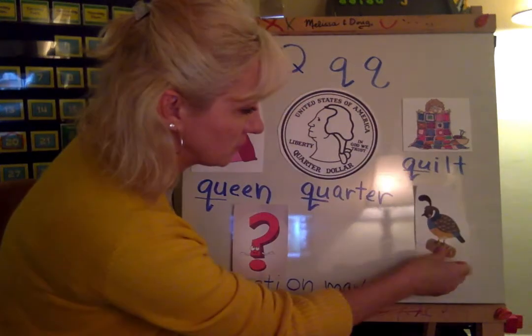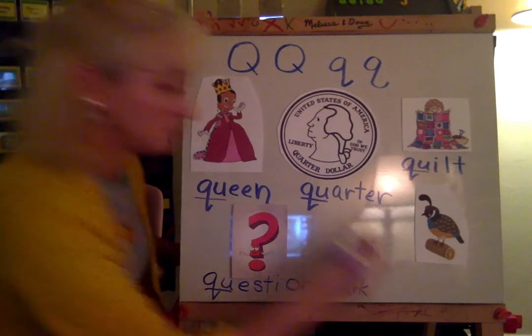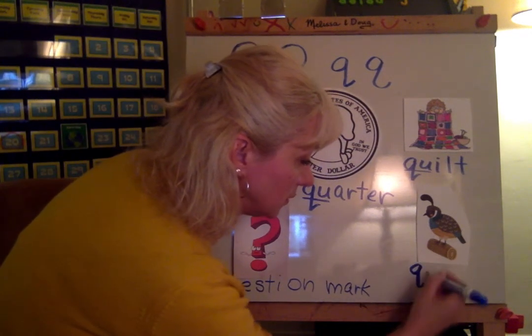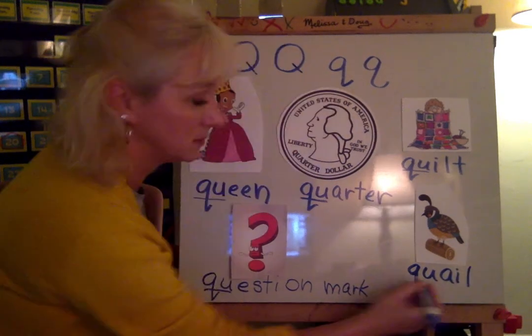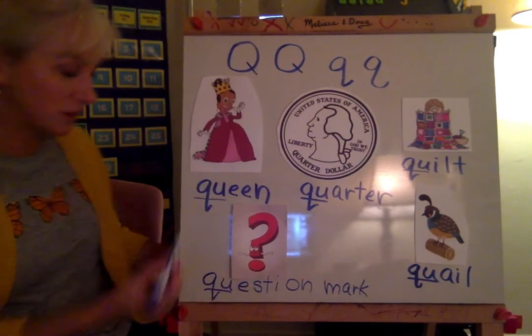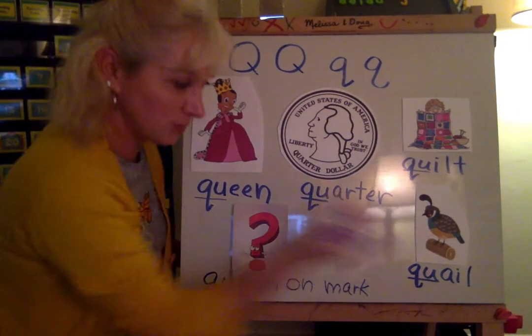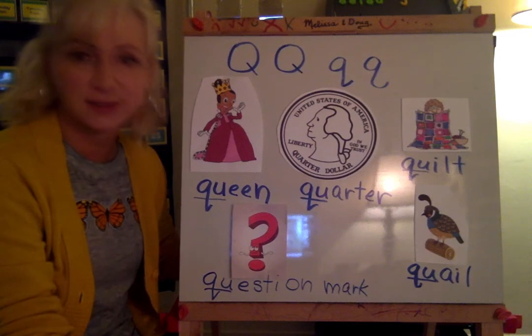So let me stick that over here so maybe I have a little bit more room. Quail. There it is. See what I told you? Q-U, Q-U, Q-U. They just can't be broken up. They are stuck together, just like glue.